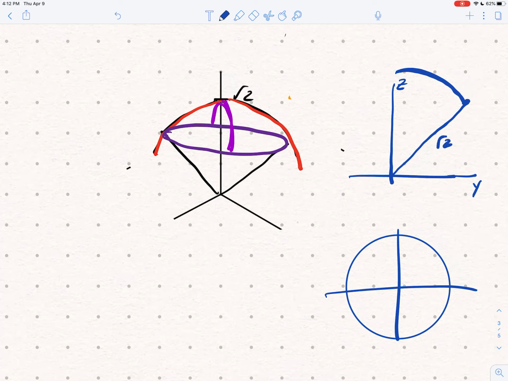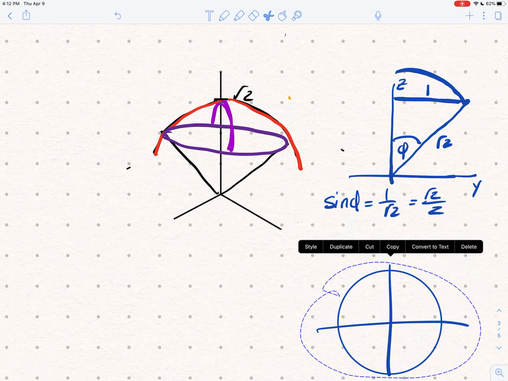You know then that this distance is root 2, this angle is phi, and this distance across the top, what is that? Well, we saw before the projection down into the xy plane was the unit circle. So you actually know that this is 1, and that's the key, because now I can tell you that sine phi is opposite over hypotenuse, 1 over root 2, which is root 2 over 2.